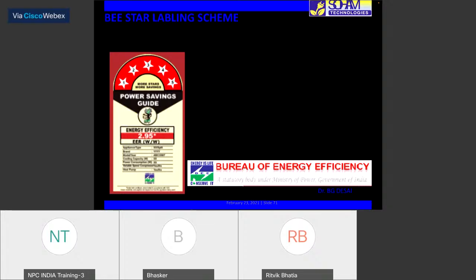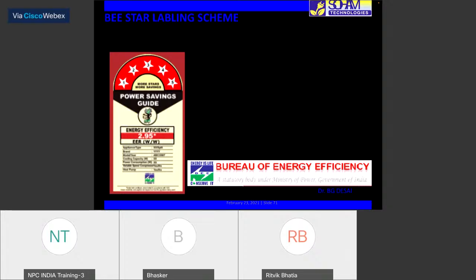No. 5 star means the life cycle cost of this particular equipment is better. And that is the reason that whatever equipment has been given a single star, 2 star, 3 star, 4 star, it denotes that please use 5 star technology wherever possible to reduce the consumption, because whatever electrical equipment you are taking from the market is going to run for a number of years.